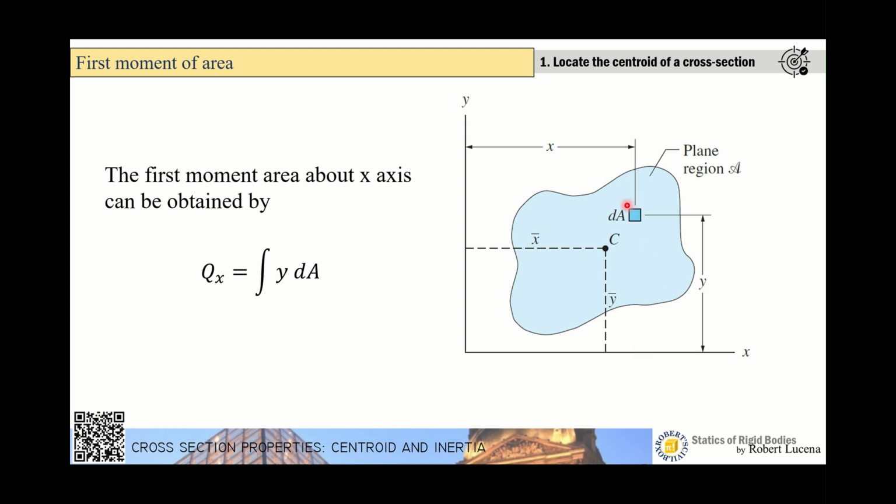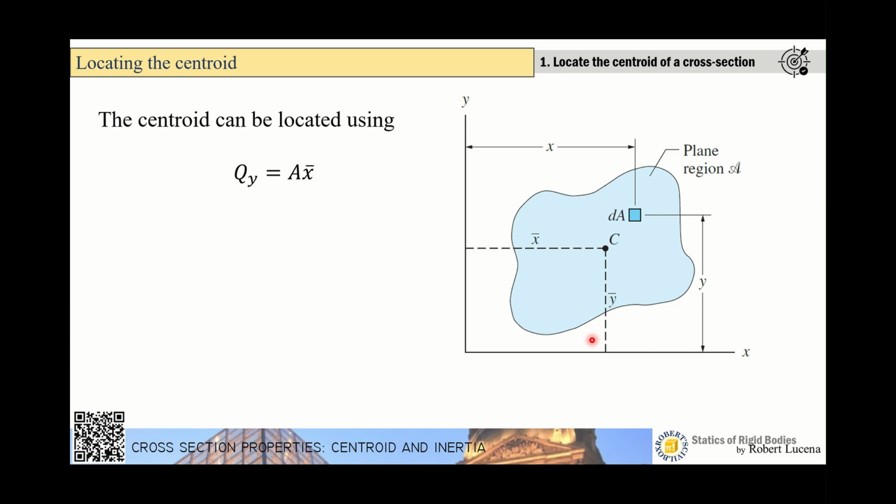So if you add all these differential areas, in which the distance is measured from its centroid to the reference axis, and integrate that, you will have the moment area of the whole shape measured from its centroid, which is x bar.